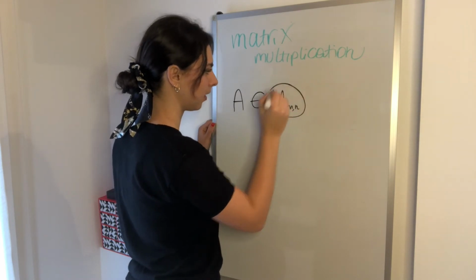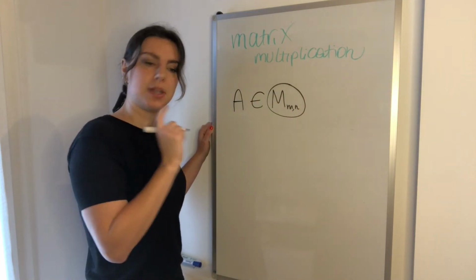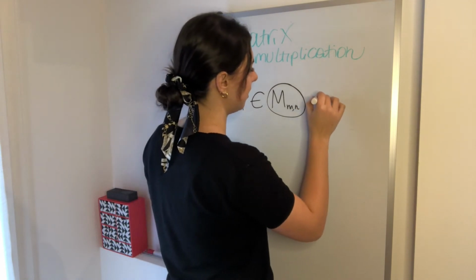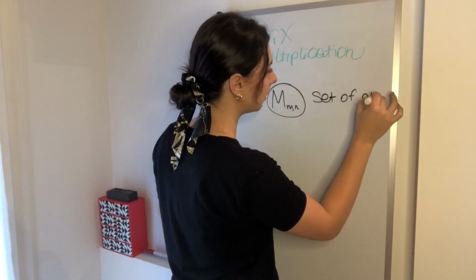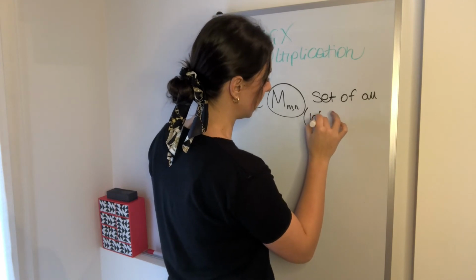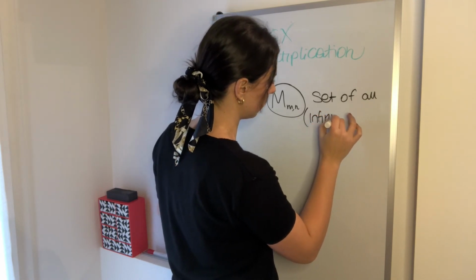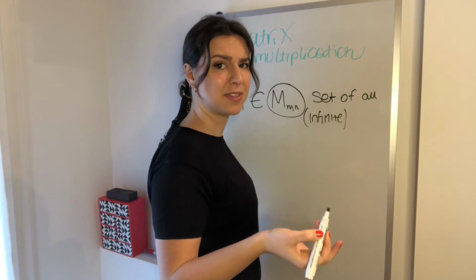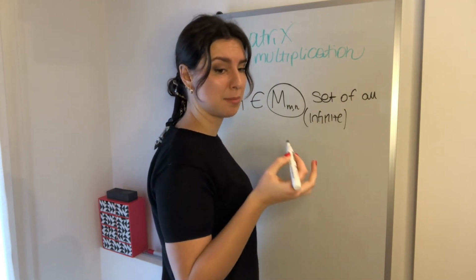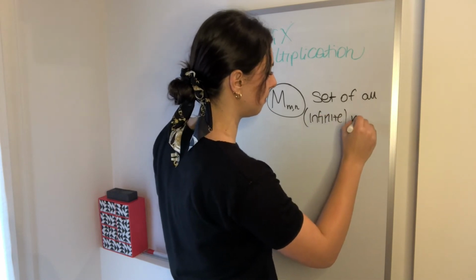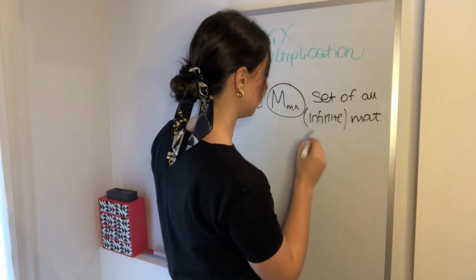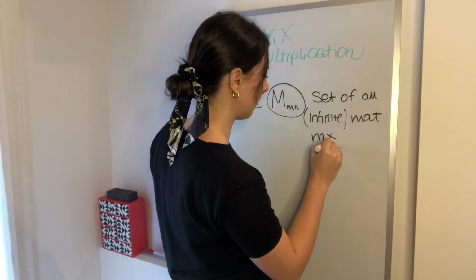This, I think I said this before, is the set of all infinite matrices, because there is an infinite number of these matrices, of dimension m by n.